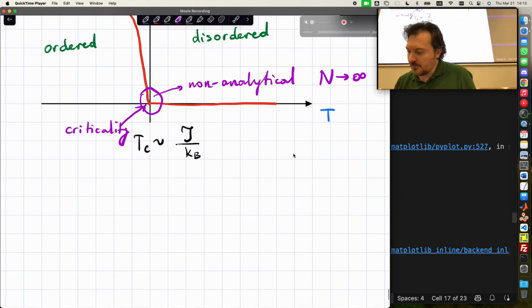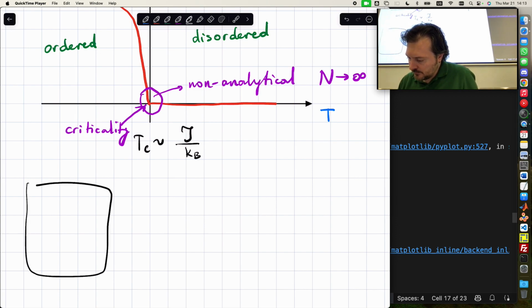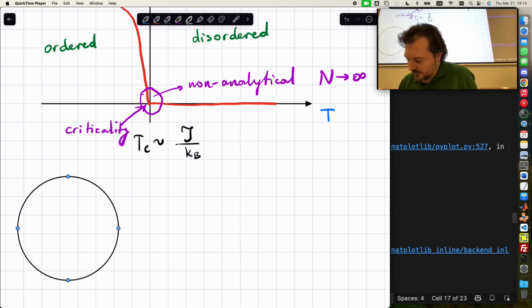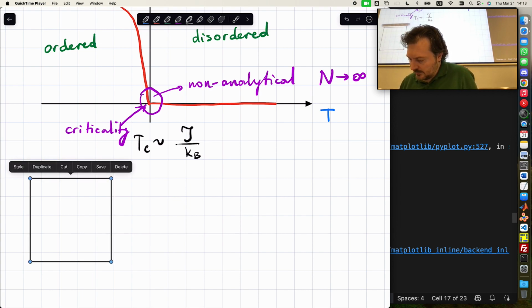So let me draw some pictures. At very low temperatures. Let me duplicate this.